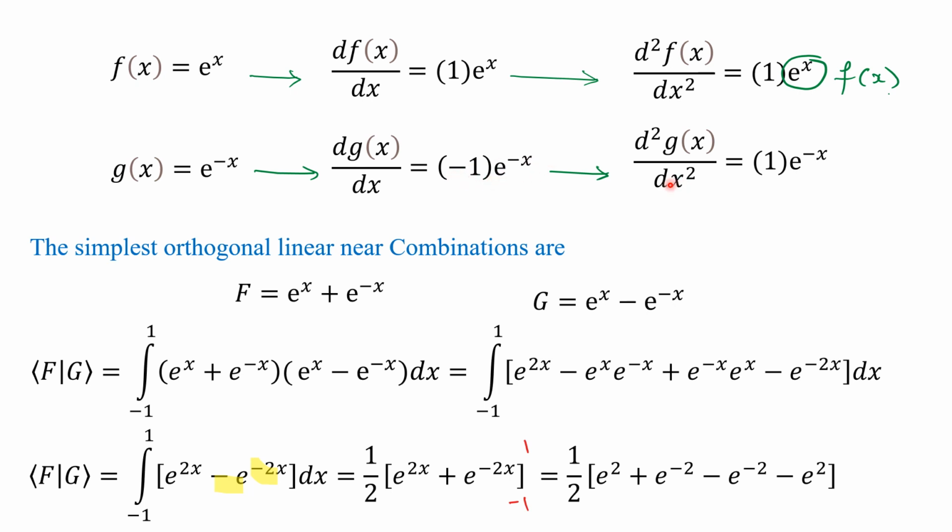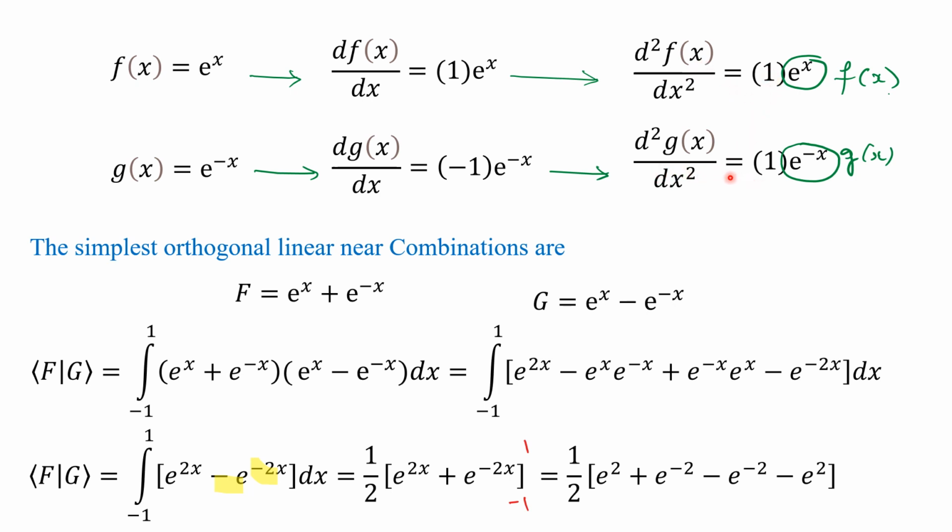Again, if you take the second order derivative, minus 1 into minus 1 becomes plus 1. Here you can see e power minus x is equal to g of x. So d squared over dx squared is an operator. When the operator acts on f of x, you will get eigenvalue 1.